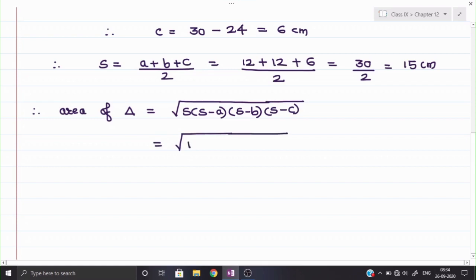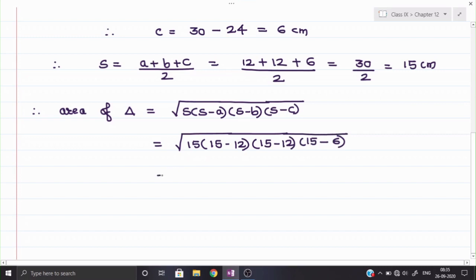Value of S, that is 15, bracket 15 minus 12, again 15 minus 12, and then 15 minus the value of C, which is 6.